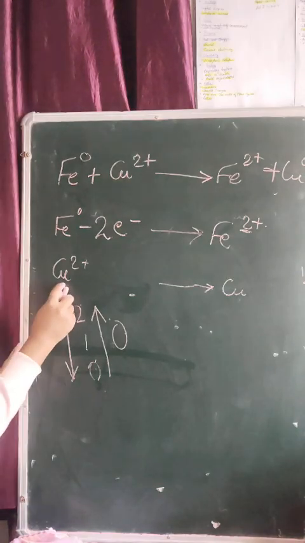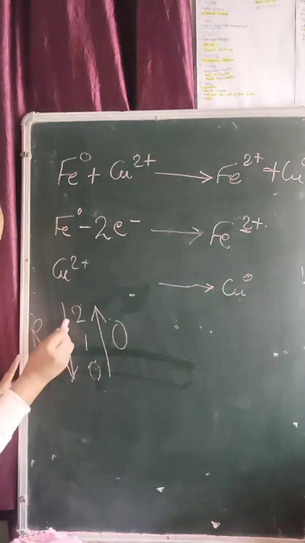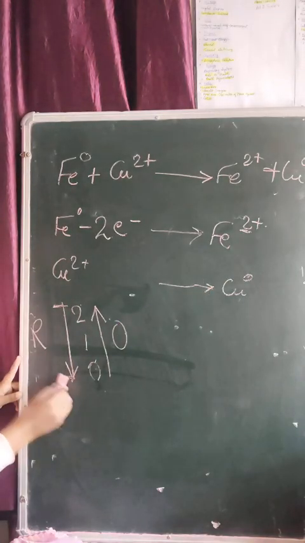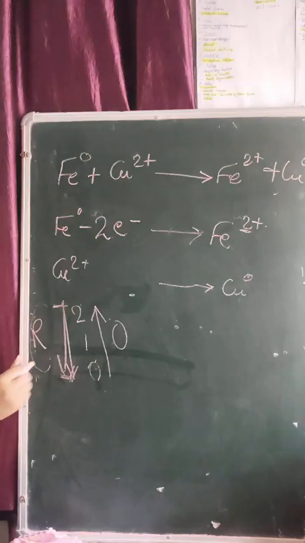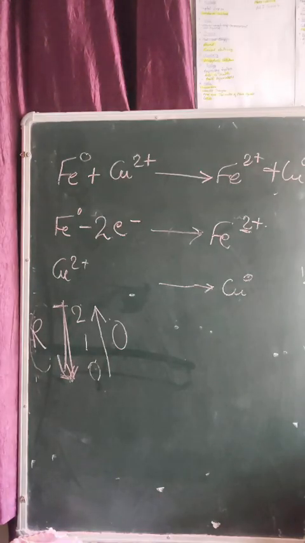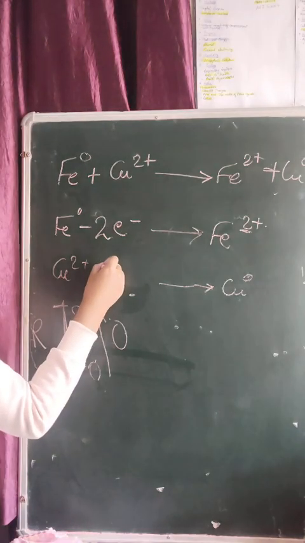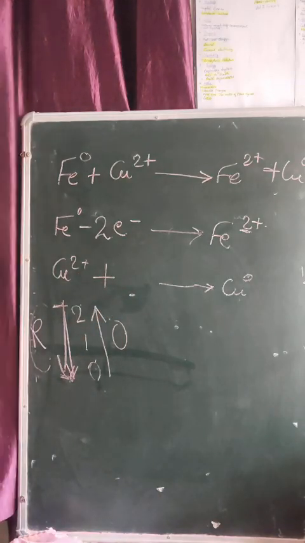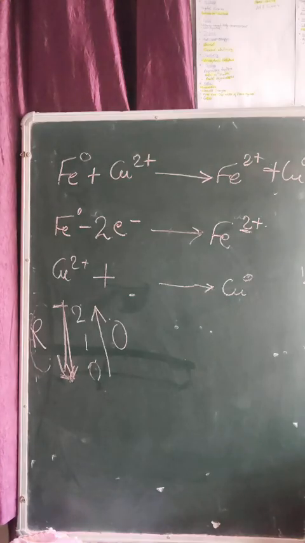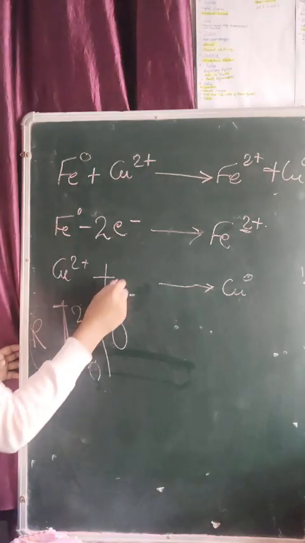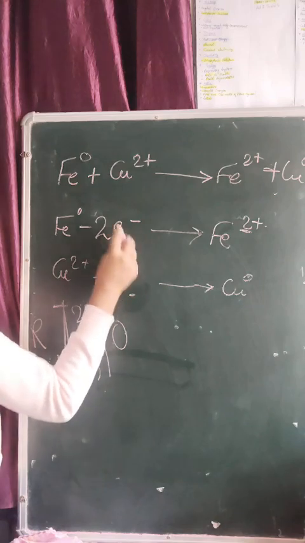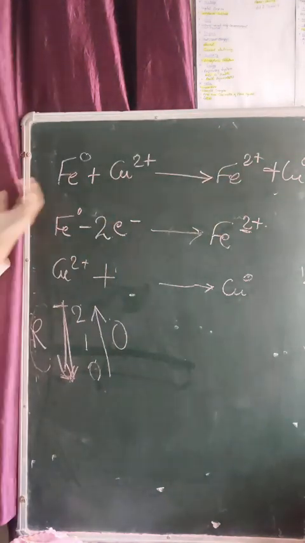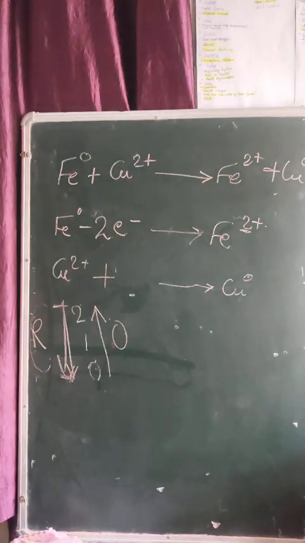Now here it is 2, and here nothing means 0. From 2 it is going to 0, decreasing, so it is reduction. In reduction there is the addition of negative electrons, or the addition of the positive charge. This is one reaction, so whatever one loses, the other one will take.